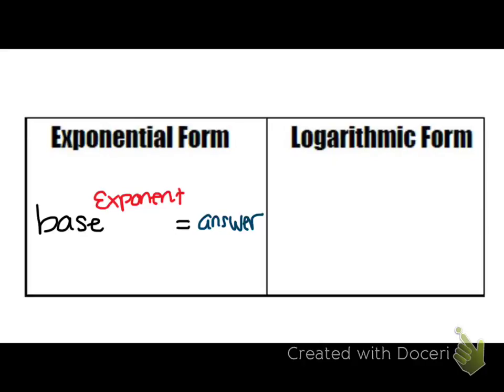What we're learning this unit is called a logarithm, and we're never going to write the word logarithm, we're just going to write log. So, in the other box, you're going to write log. The base is always lower. So in a logarithm, the base goes down.